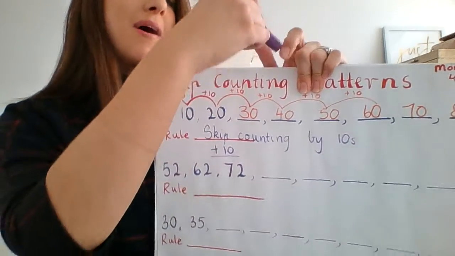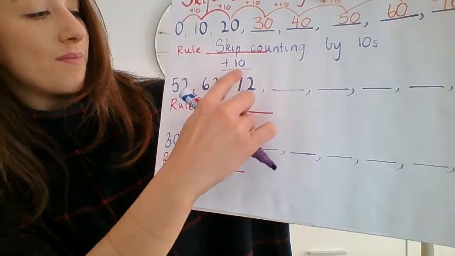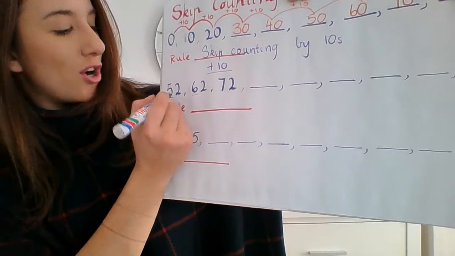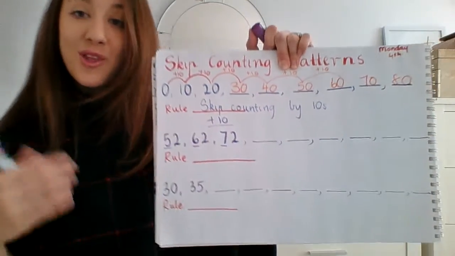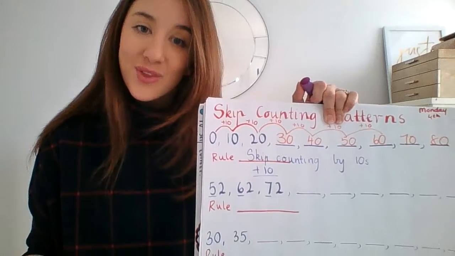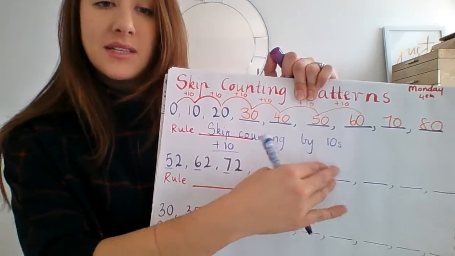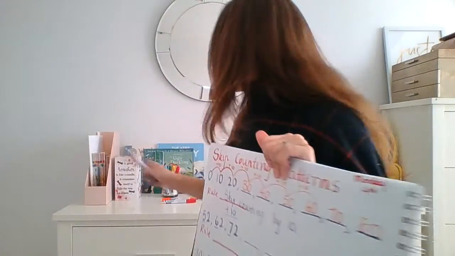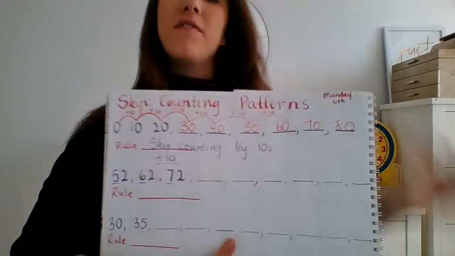Remember, when the tens column changes, but the ones column stays the same, then we know it's counting by tens. But let's just double check like we did before so that we can be successful when we continue our skip counting pattern. So let's start at 52 and see how many to get to 62. 52 is in my head.